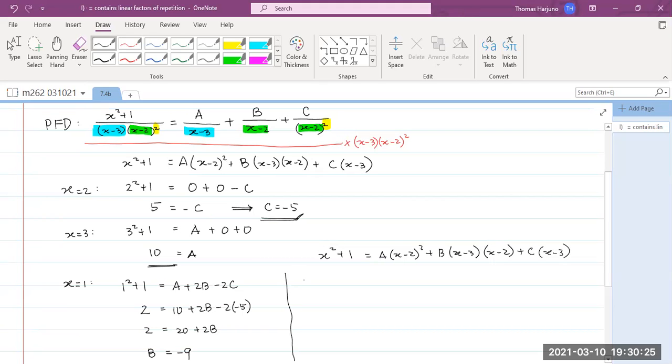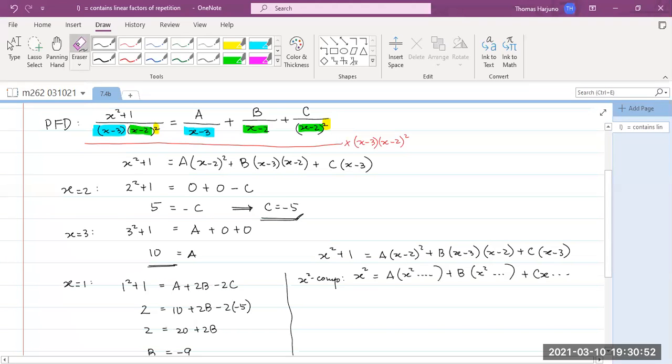Now take a look at the x squared component. On the left-hand side, you have only x squared, and the coefficient is 1, right? On the right-hand side, you will have a times x squared plus b times x squared plus c times x something.